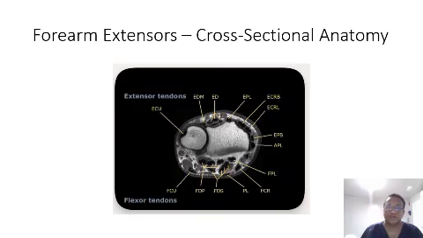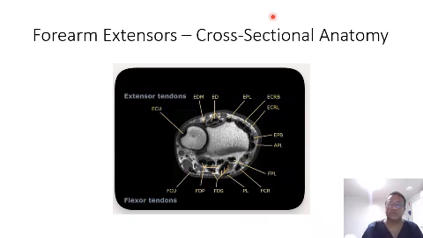To conclude our exploration of forearm extensors, we turn to these axial MRI slices of the wrist joint, a powerful visual that brings our anatomical discussion into clinical focus.